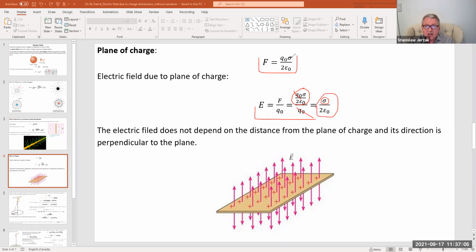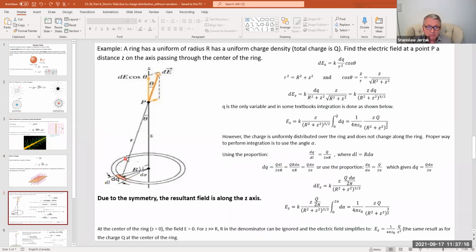So that much was done on Wednesday, but today I would like to calculate the electric field produced by a ring of charge. So here we have a uniformly charged ring. Let's say that the linear charge density on that very thin ring is uniform, right? The charge is distributed uniformly.